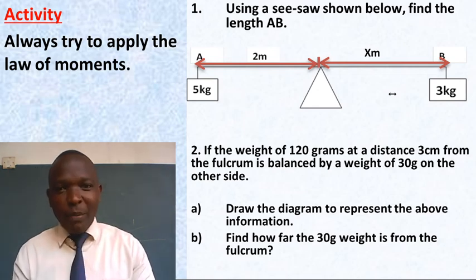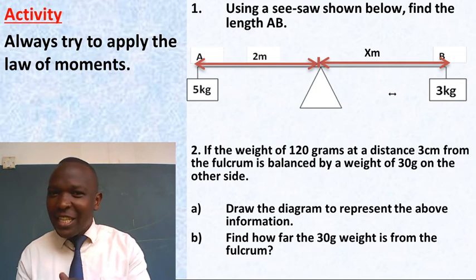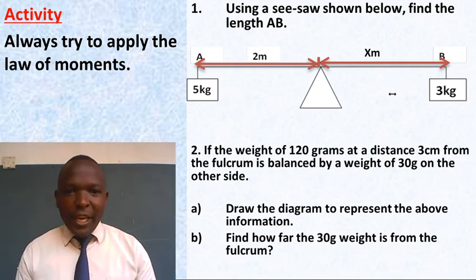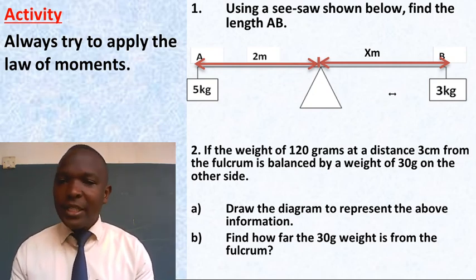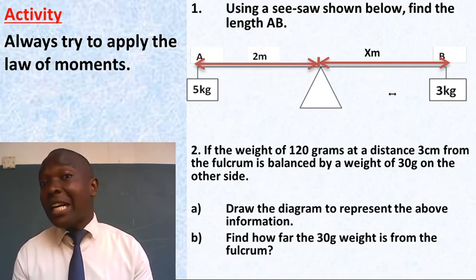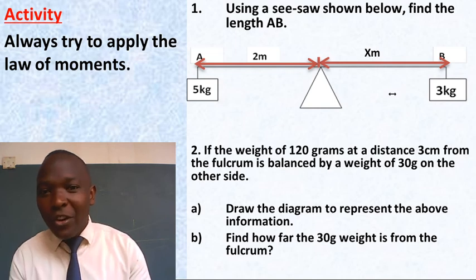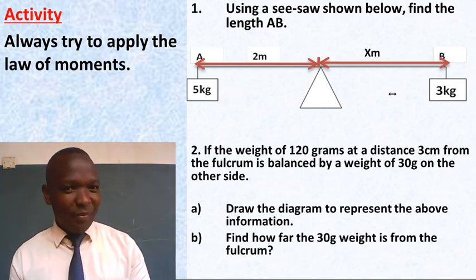So next time as we meet, we shall see who was that technical child who answered this technical question correctly. Look at number 2. If a weight of 120 grams at a distance of 3 meters from the fulcrum is balanced by a weight of 30 grams on the other side, draw the diagram to represent the above information.